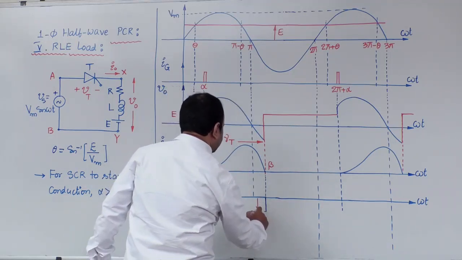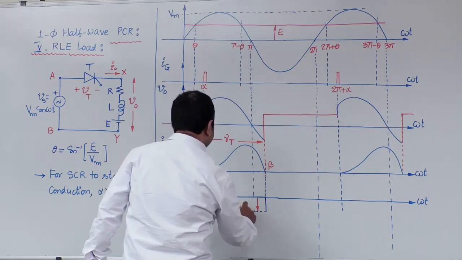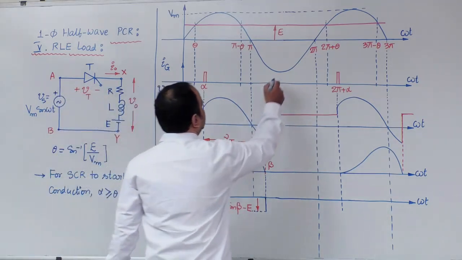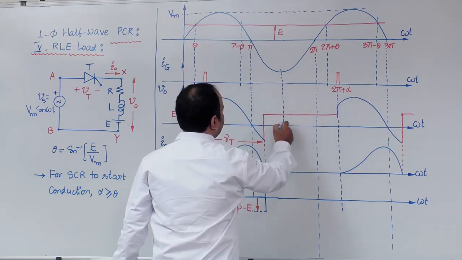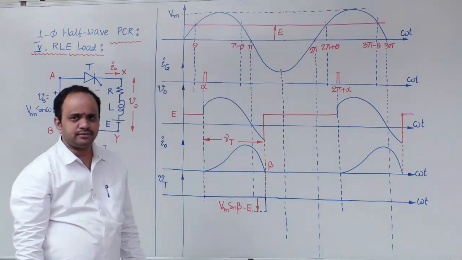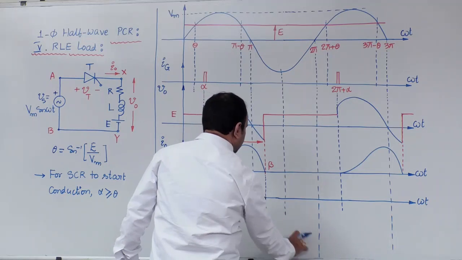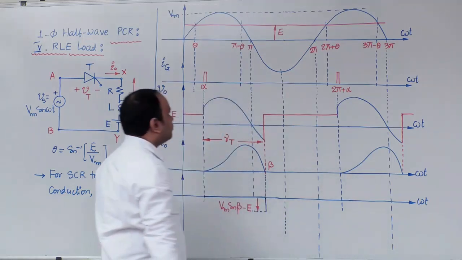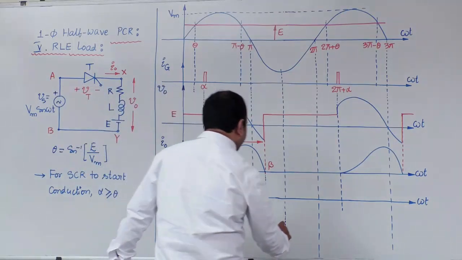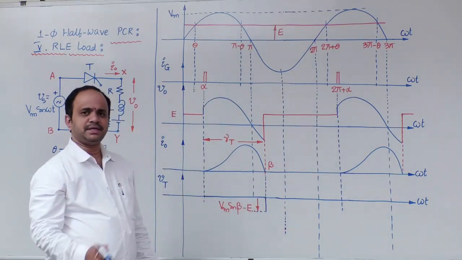So I can say that this is Vm sin beta minus E. Next, at 270 degrees, what is the sinusoidal source value? That is minus Vm. So minus Vm minus E will be the voltage across SCR. That value I can take somewhere here, minus of Vm plus E.